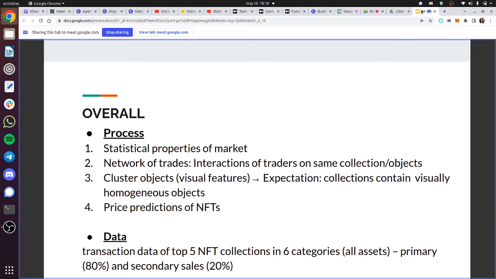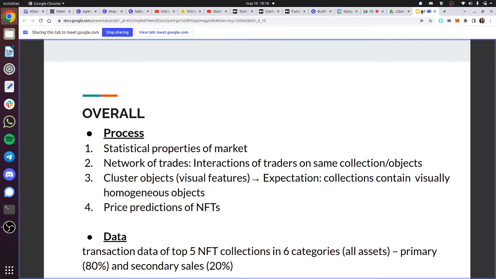They go through four steps. The first one is about the data distribution, talking about the statistical properties of the market in the different categories. The second one, they want to know about the individual behavior or the network of the trades. The third part, they talk about the visual features and expect homogeneous signals.